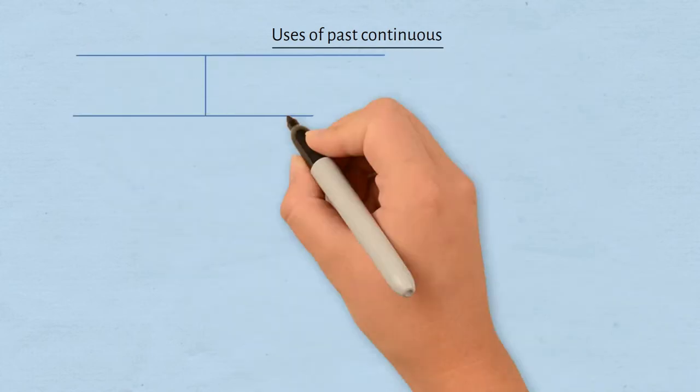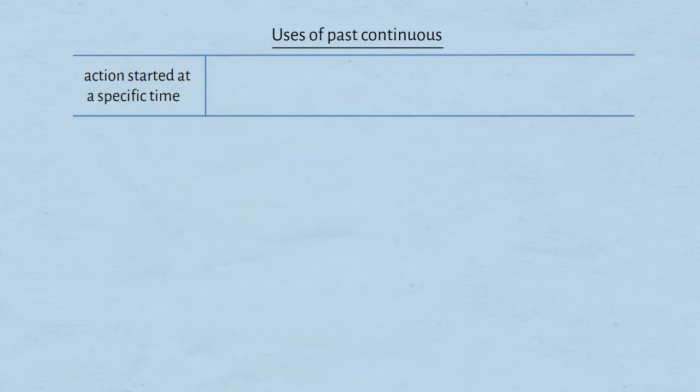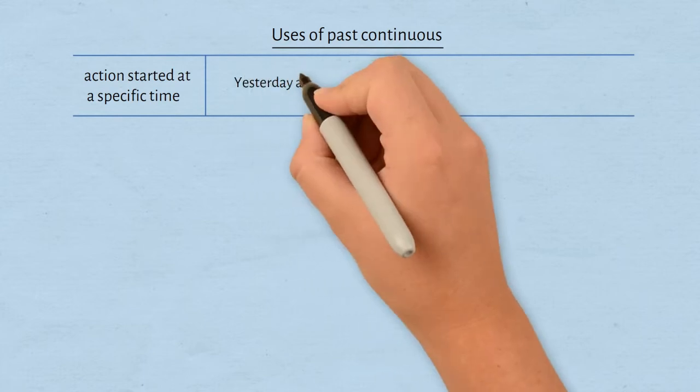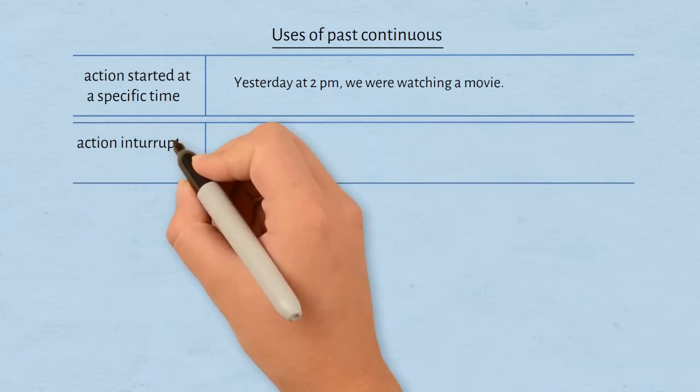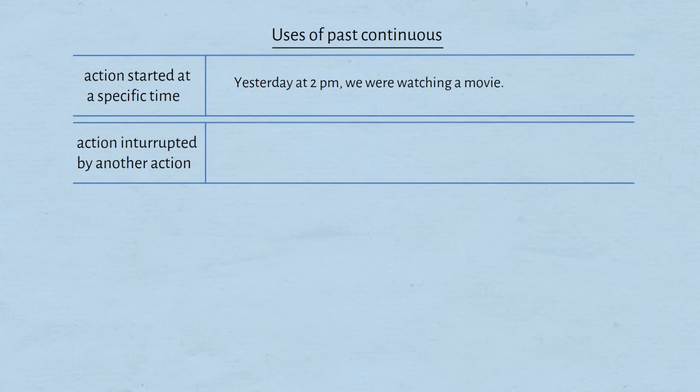We use this to talk about an action in the past that started at a specific time or is continuing after a specific time. For example, yesterday at 2 p.m. we were watching a movie. We also use this tense when we talk about an action in the past that was interrupted.